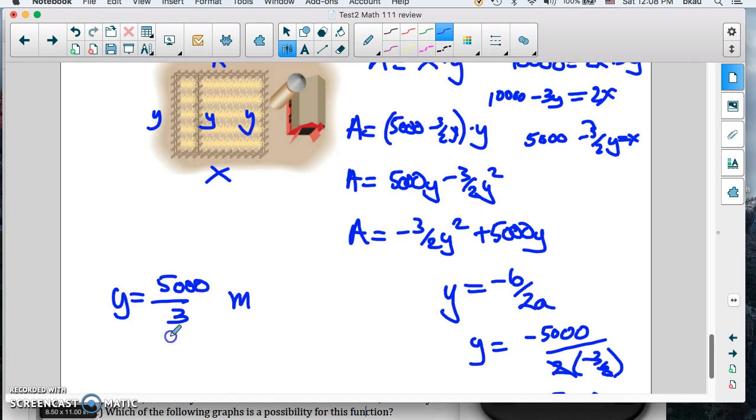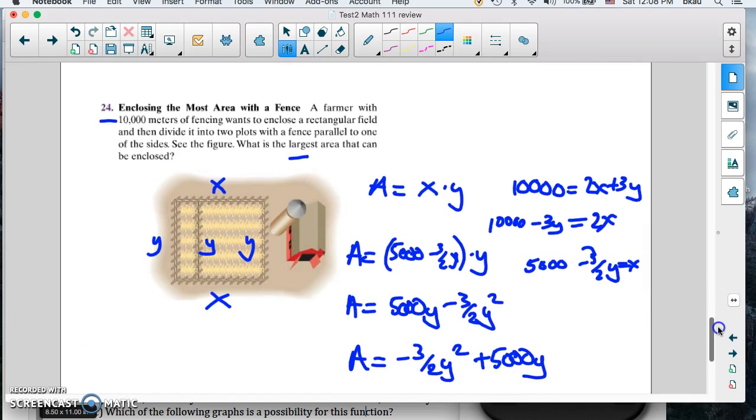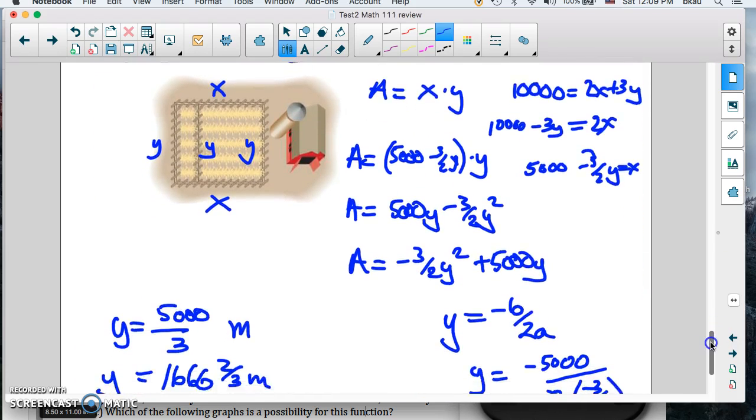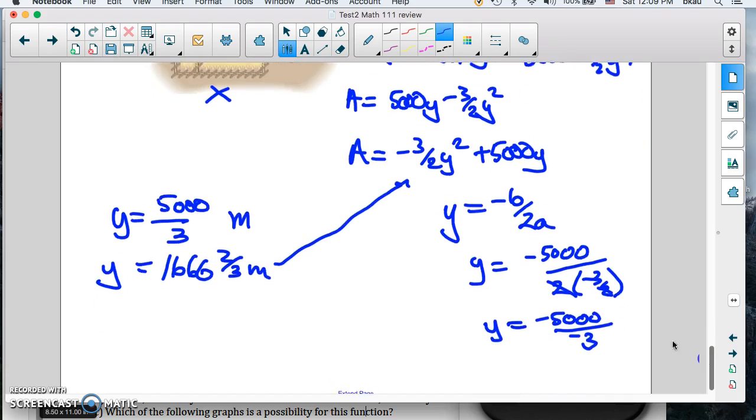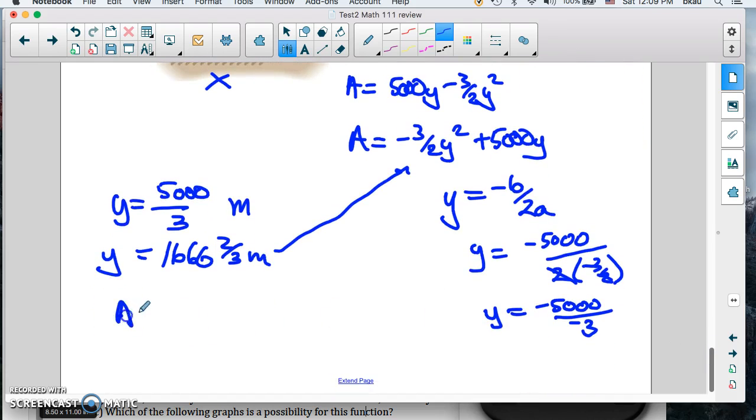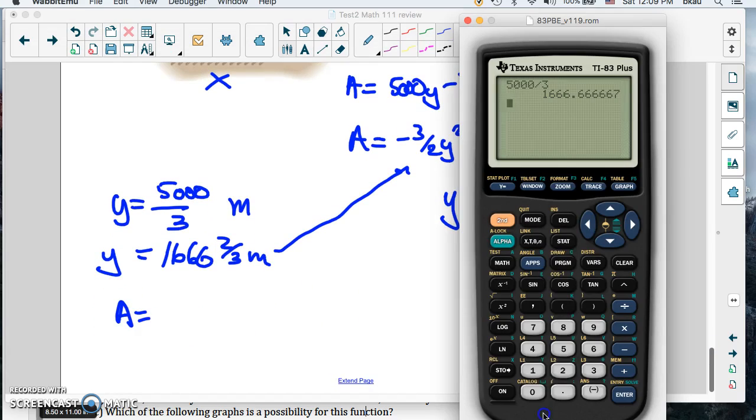So 1666 2/3 meters is y. Alright, and if we need to find the answer here, it says the area to be enclosed. So we need to plug that back in right here to figure out what the answer is for the maximum area. So we would do that using a calculator, of course.